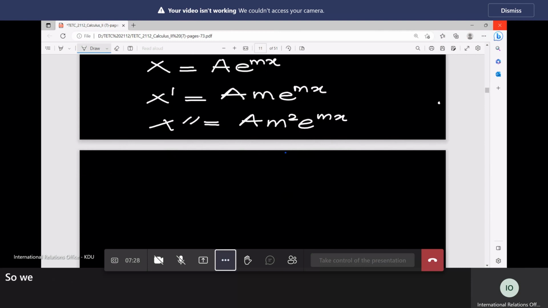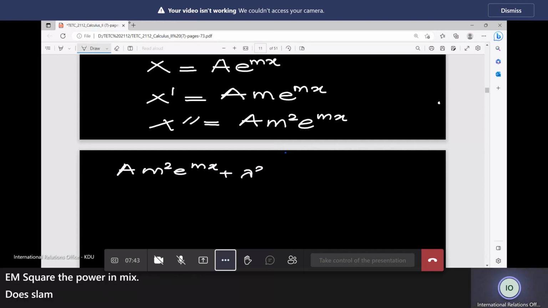So we can write what is our equation x double dash, to make a clear development: a m squared e to the power mx plus lambda squared a e to the power mx is equals to 0.